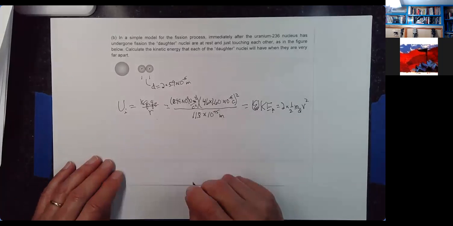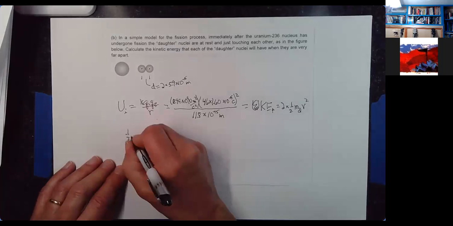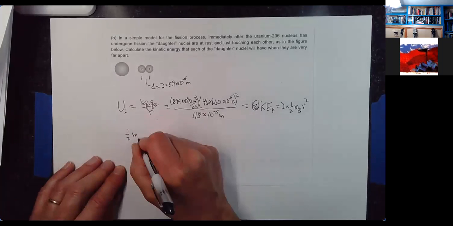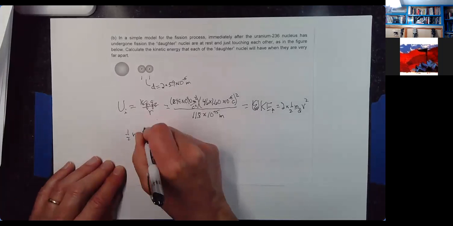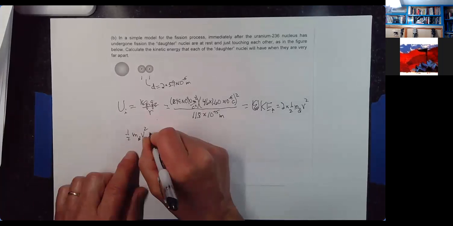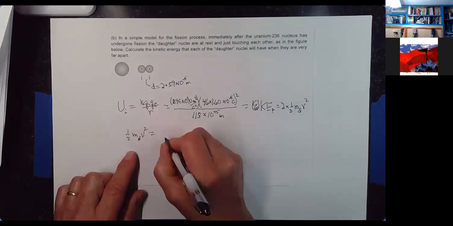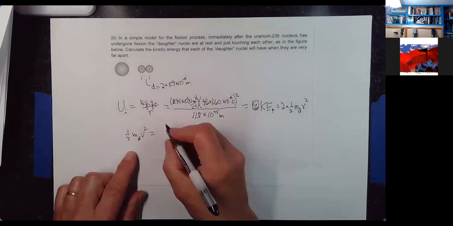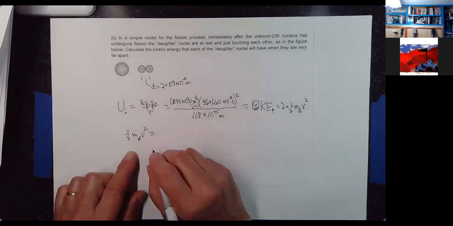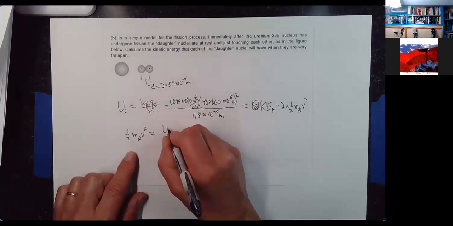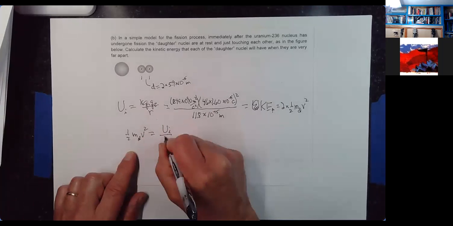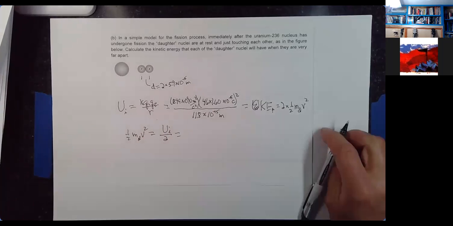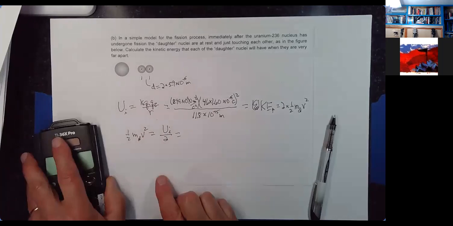So the 1/2 mass of the daughter times V squared, and that's all we're after, is going to be this same expression here, which I'm just going to call U initial, divided by 2. And so we can calculate what that'll be.